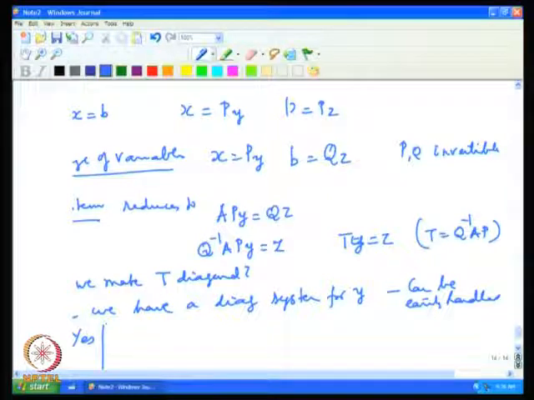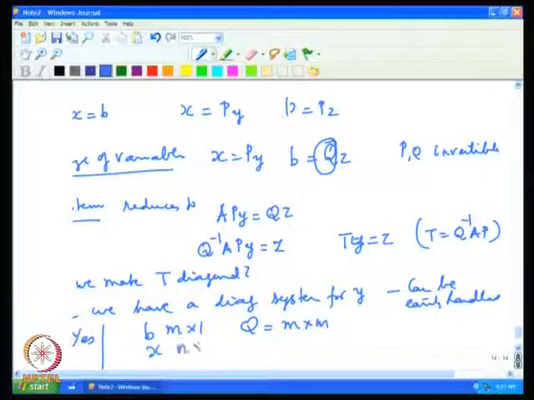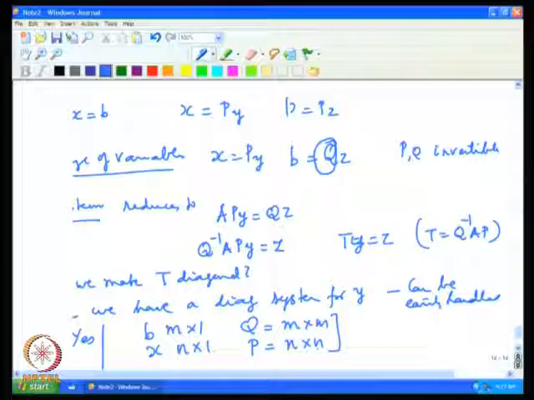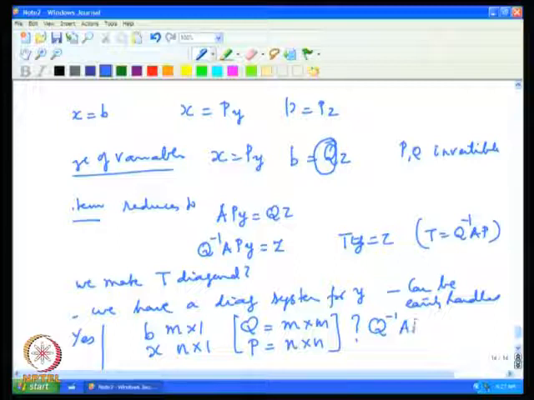Now, you see that the transformation for b involved the matrix Q. In the case of a rectangular system, b will be m by 1, so we can choose Q to be an m by m matrix, and x will be n by 1, so we can choose P to be an n by n matrix. So, we have one transformation for the unknown and one for the known b, and then we would ask whether Q inverse AP is diagonal.